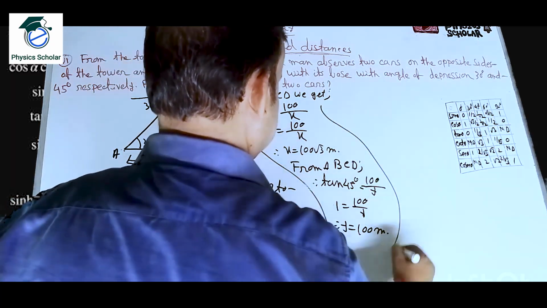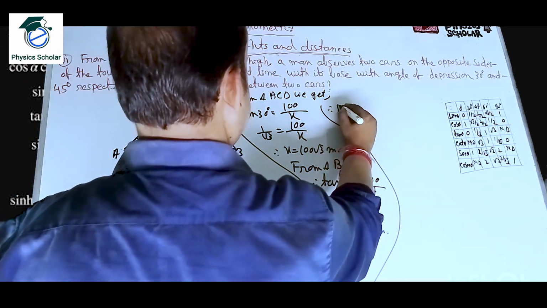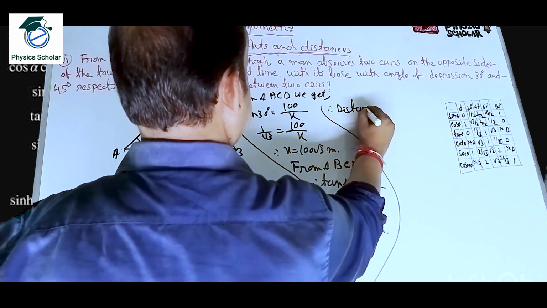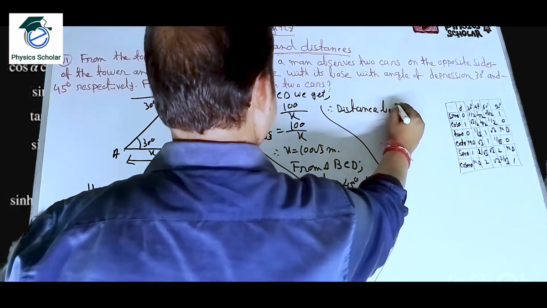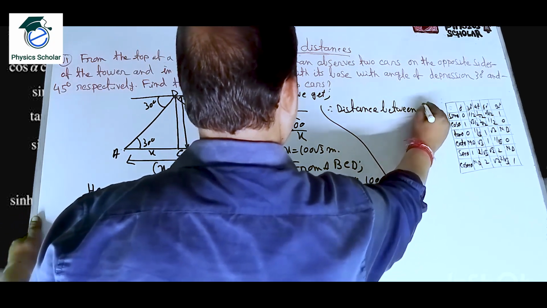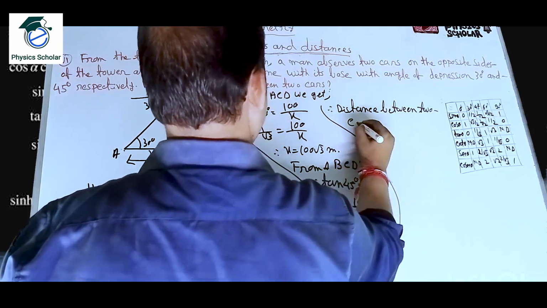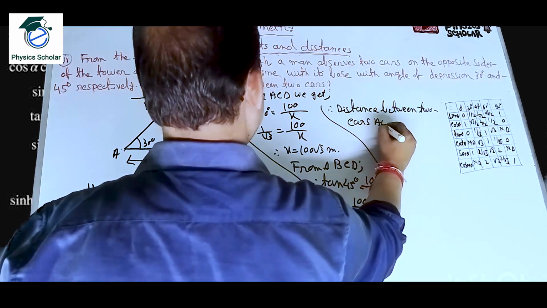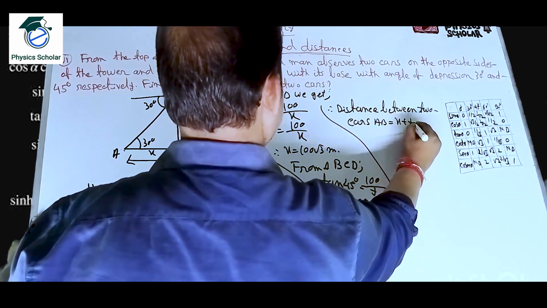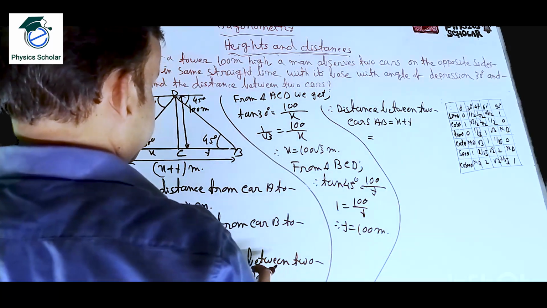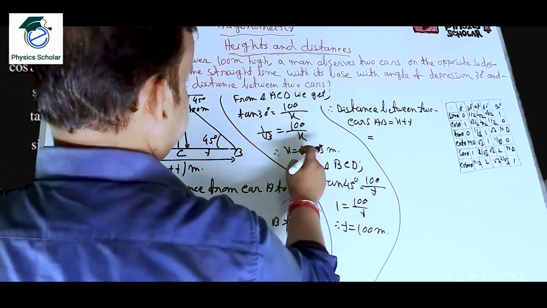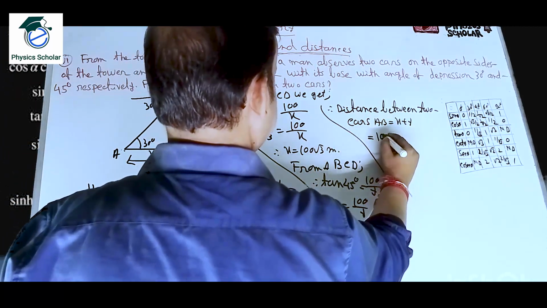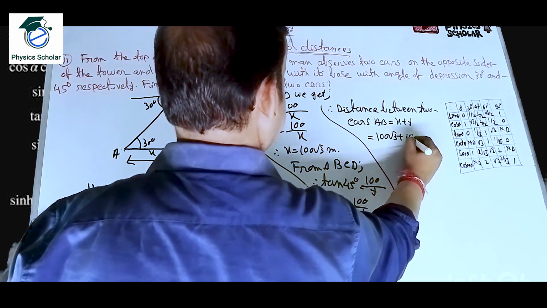Okay. So the distance between two cars AB is equal to X plus Y. What is the value of X? The value of X is 100 root 3 plus 100.